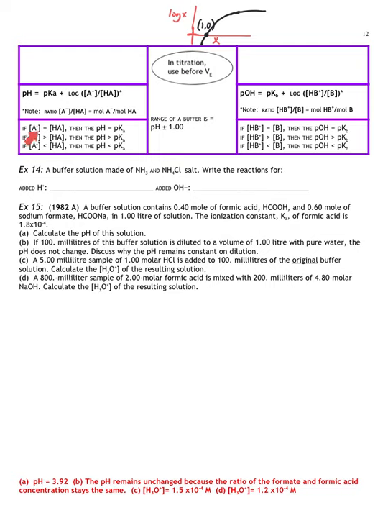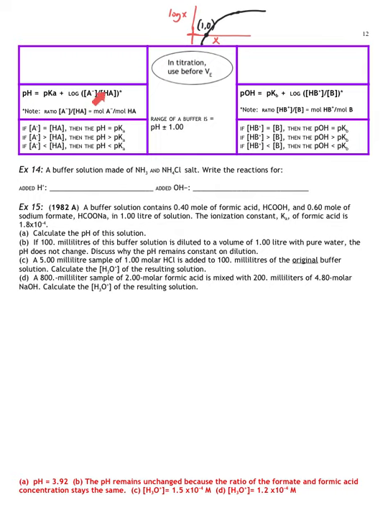So if A minus is greater than that of HA, that means this ratio is going to be greater than 1, which means you're going to have a positive log value here. If it's a positive log value, your pH is going to be greater than the pKa. Okay? The pH is greater than the pKa. So this is the scenario.